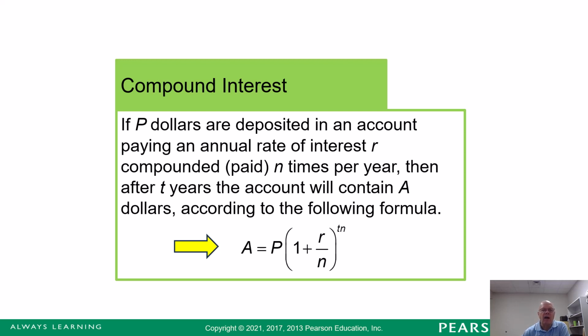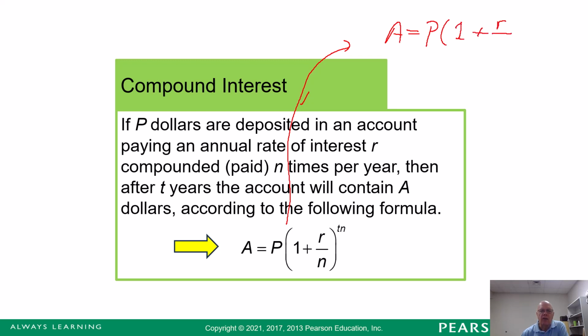Now, the way I typically write it, and you can choose which way you want to do it, I write A equals, it's not too much different. Again, the 1 is there.